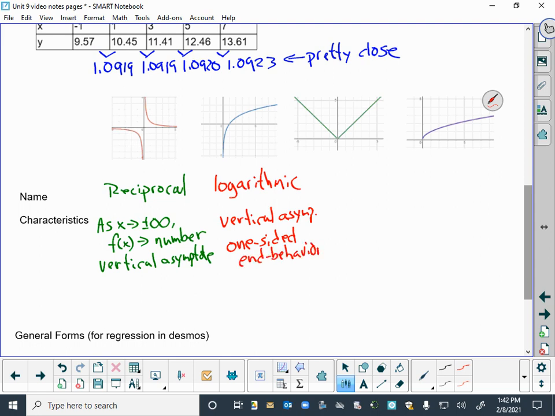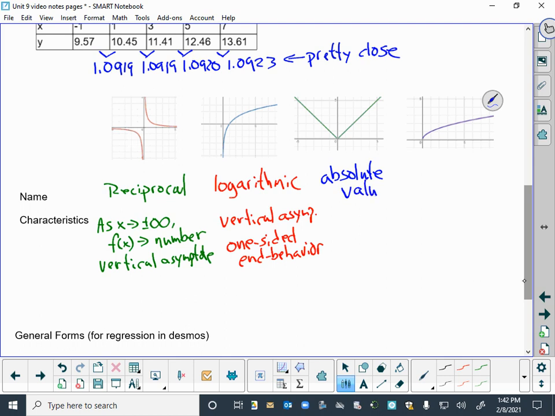We'll either be able to talk about what's happening as x goes to infinity or as it goes to negative infinity, but it can't do both. We have a very restricted domain on the logarithmic function, which was unique to that for the types of things we've looked at. This one is the absolute value function.